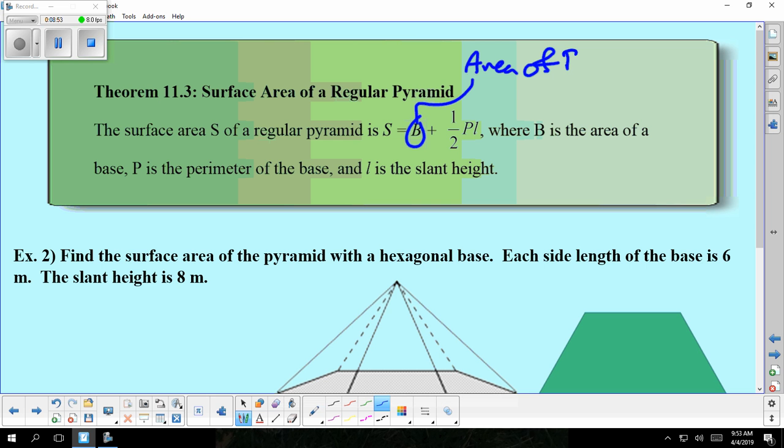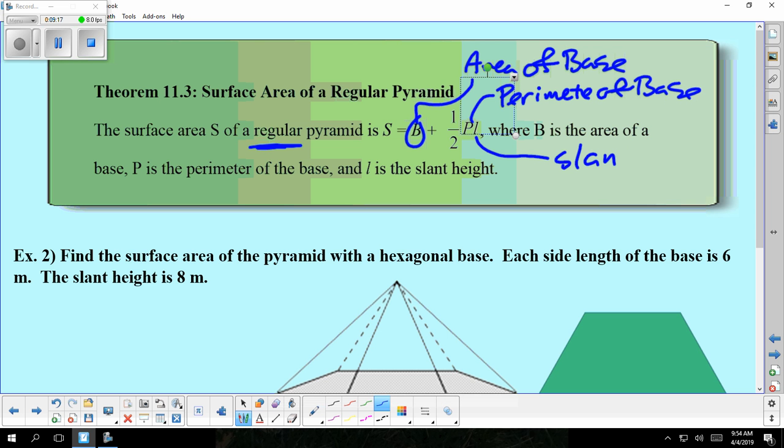And it doesn't matter what type of polygon we have, right? We can calculate the area of that base. The one thing, it has to be a regular pyramid. And then this is the perimeter of the base. And the other one is our slant height we need to know, going down the side.